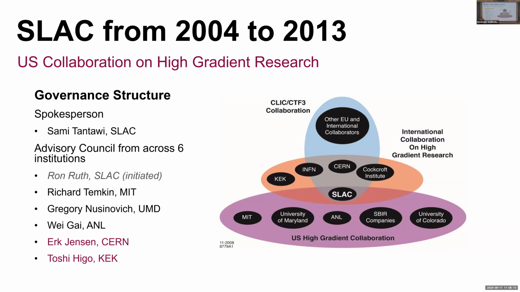So I spent a significant portion of my career, about 10 years or so, working as coordinator for a worldwide effort for understanding high-gradient accelerators. Really, what happens when you apply an extremely high electric field to the surface of materials?